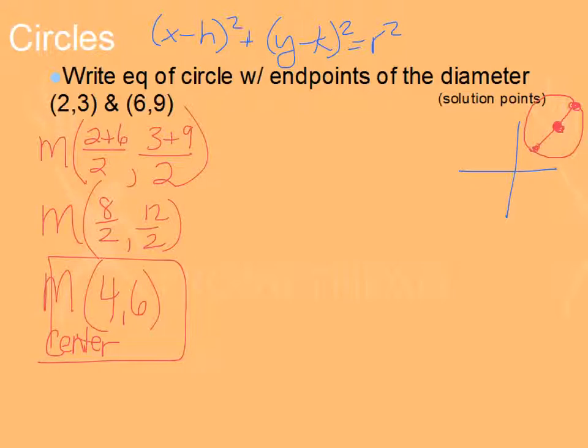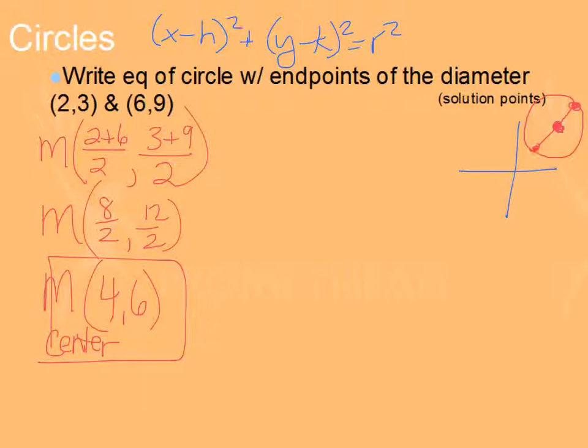All right, so now I have to find the radius. Now the radius would be this length right here, or this length right here, either one of those. And so if I want that length between this point and this point, I'm going to find the distance between those two. It doesn't matter whether I use this point or this point.